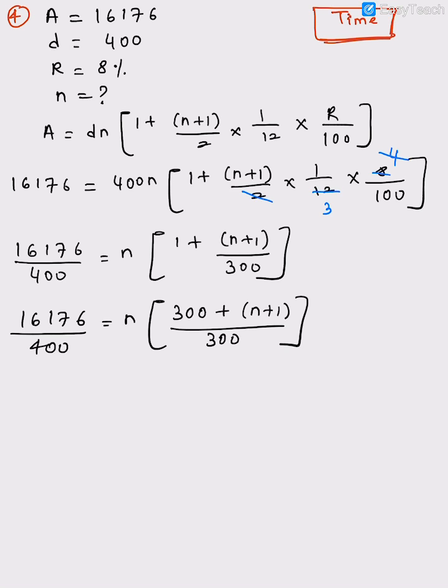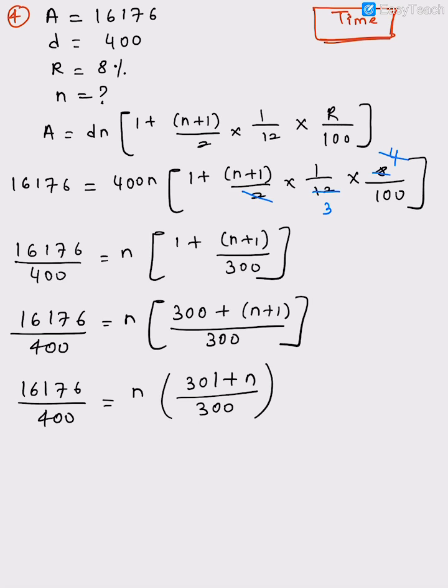Close the bracket. Now, what will you get here? So 16176 upon 400 is equal to n in brackets 301 plus n upon 300. Take a pause over here in case you're getting confused how I got this. You open the brackets and add them, this is what you get.